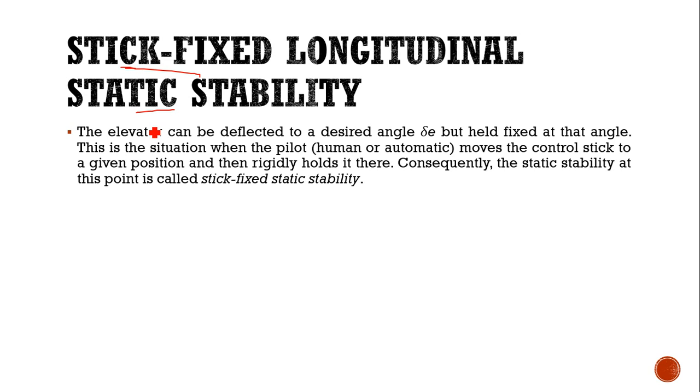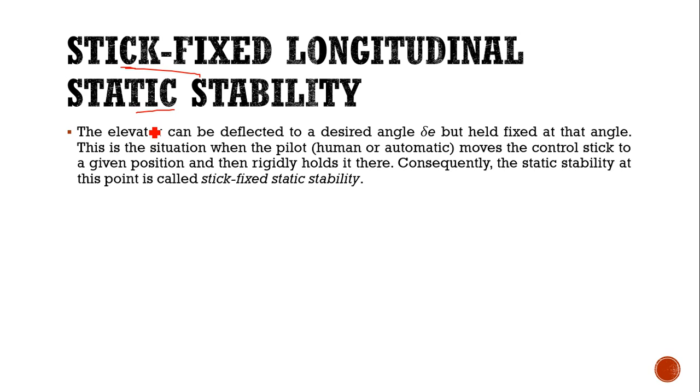For such conditions, the pilot needs to give extra force to hold the elevator in such deflected positions. Then only will the aircraft get back to the original position. This type of condition is called stick fixed static stability.